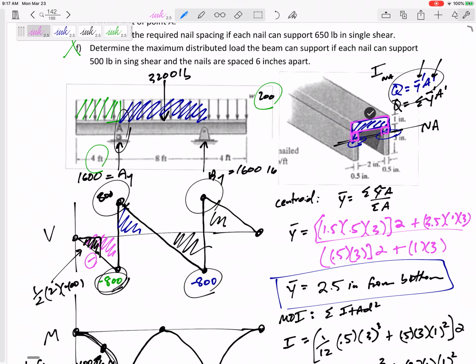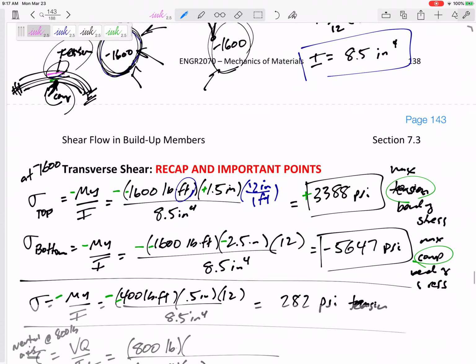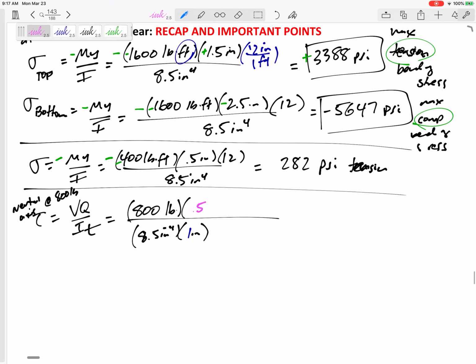So let's start with these small ones. The small ones, the area is 0.5 by 0.5. And the y bar is the distance from the neutral axis to the centroid of A prime. So that would be 0.25. So this would be 0.5 by 0.5 by 0.25.